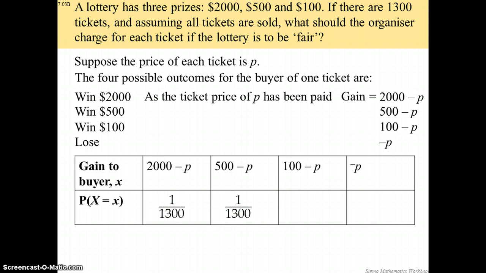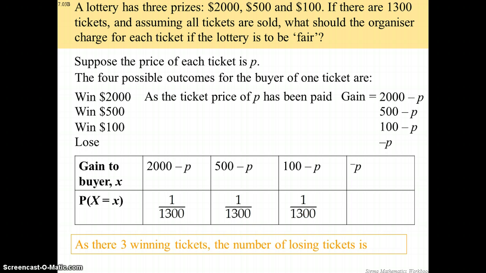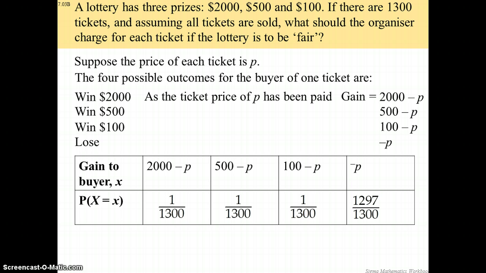What's the probability of losing? 1,300 to 1. No. 1297, isn't it? Oh yeah, there's 3 there. 1297 out of 1,300. Oh, so slim.